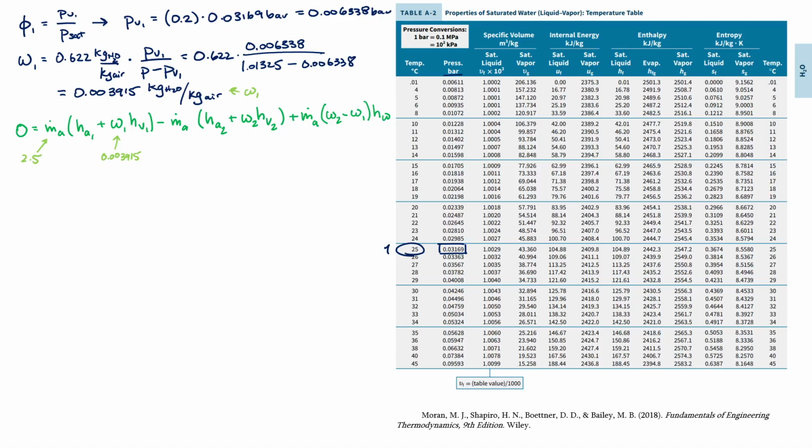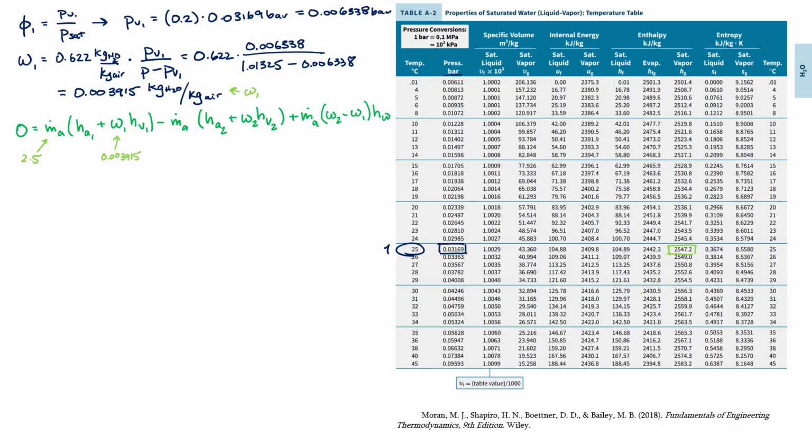Again, these are tables taken from the textbook we're using for this class, Fundamentals of Engineering Thermodynamics, 9th edition. So at state 1, or at my inlet, I'm at 25 degrees Celsius. And my vapor value here, my H vapor, is going to be my value right here.